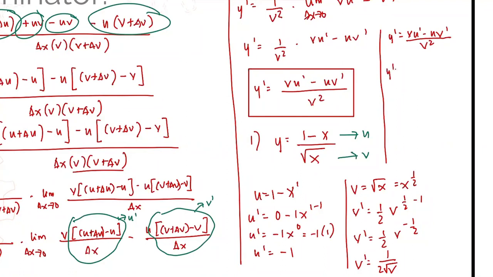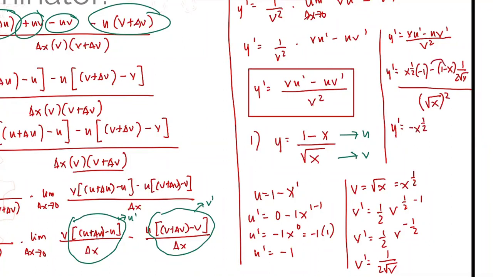So y prime is equals to yung v natin is x raised to 1 half times negative 1 minus yung u natin is 1 minus x times yung v prime natin na 1 over 2 square root of x, all over. Yung v squared natin is square root of x squared. Okay? So y prime is equals to negative x raised to 1 half.